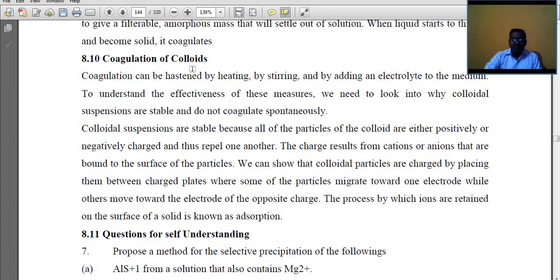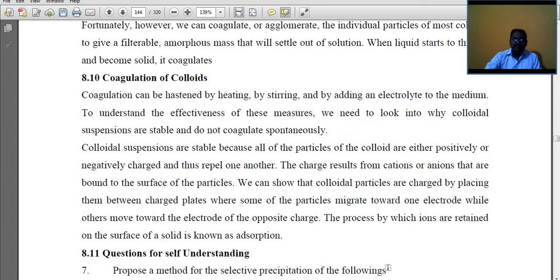What is the coagulation of colloids? Coagulation can be hastened by heating, by stirring, and by adding an electrolyte to the medium. To understand the effectiveness of these measures, we need to look into why colloidal suspensions are stable and do not coagulate spontaneously.